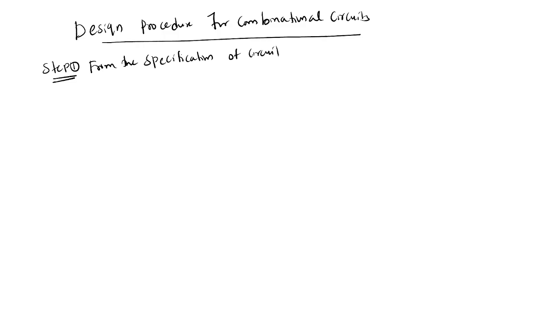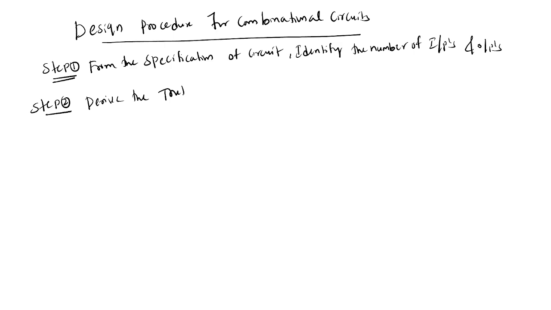Step two: derive the truth table that defines the relationship between input and output.